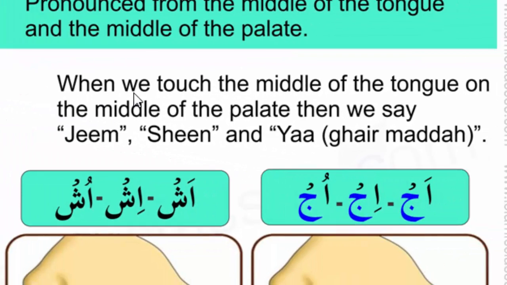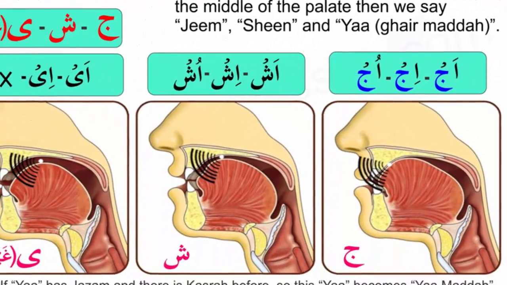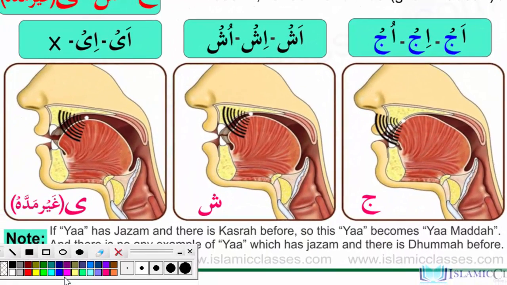So we say when we touch the middle of the tongue on the middle of the palate. Which place is the middle of the tongue? Let me show you in this image. This whole area is the tongue, up to here.